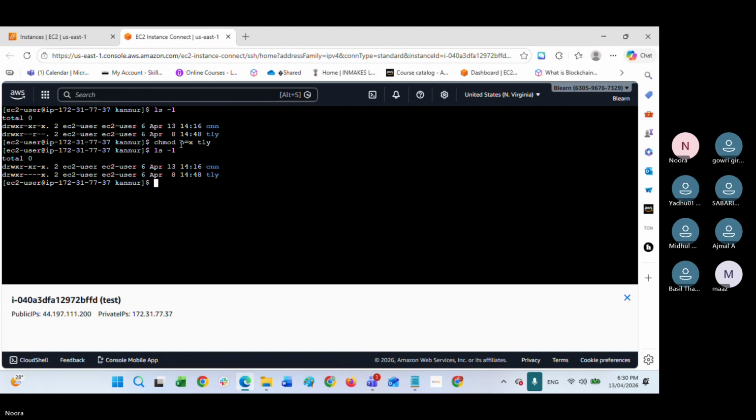Gauri, look at it carefully. R was replaced by X. TLY was having R before. Now it has only X. What happened to R? It got removed, right?